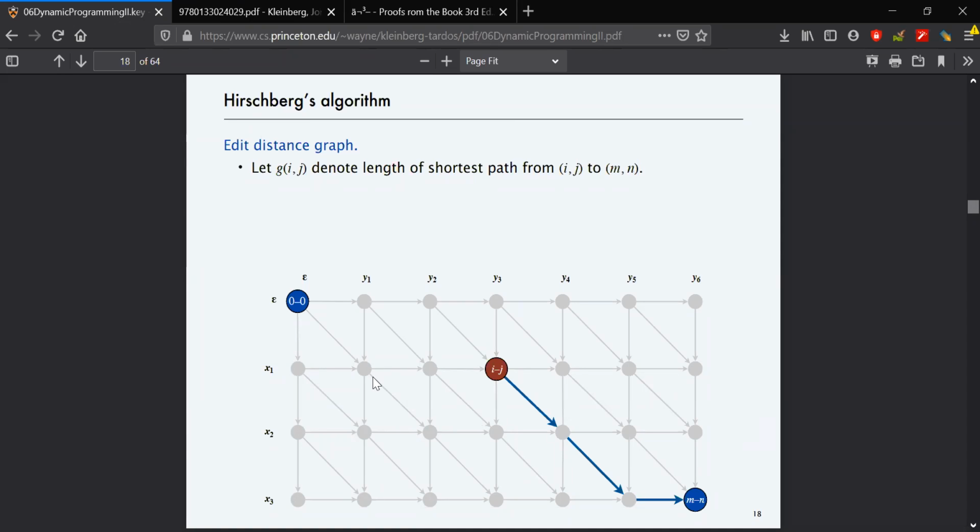What is your optimum? Optimum is the length of the shortest path from 0,0 to mn. So now this is a question that I'm asking you guys. What is the length of an optimum path that starts at 0,0, ends at mn, and passes ij?